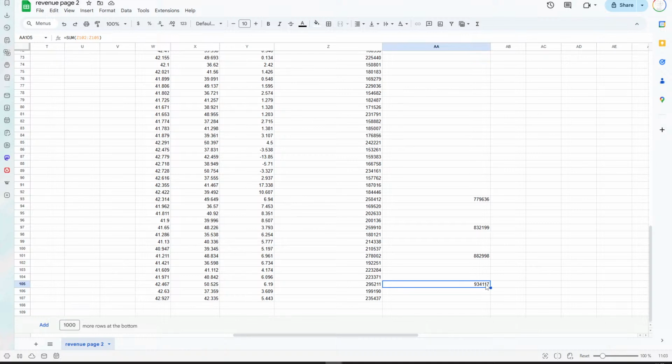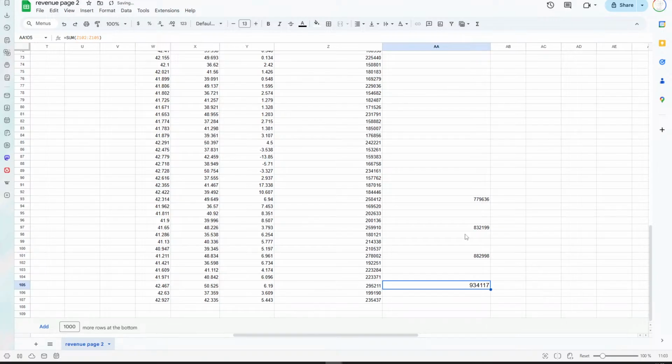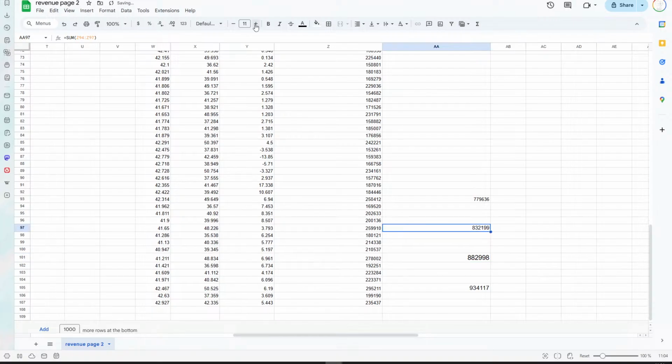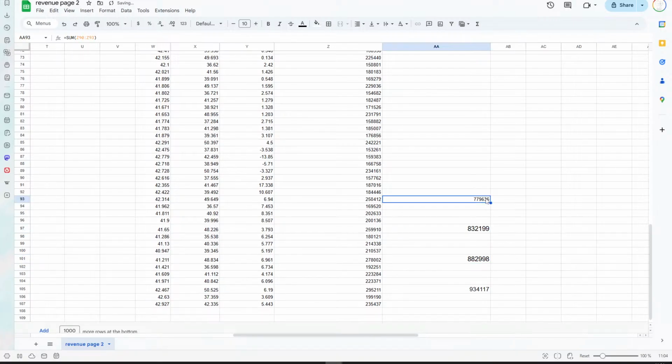So, yeah, in 2024 they collected 934 billion here. What do they do with all this money? So the net amount collected has been increasing, which is good.